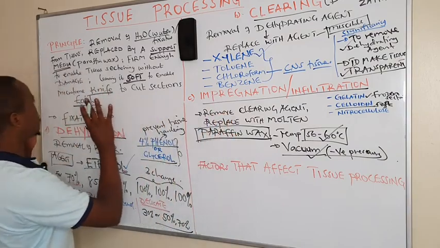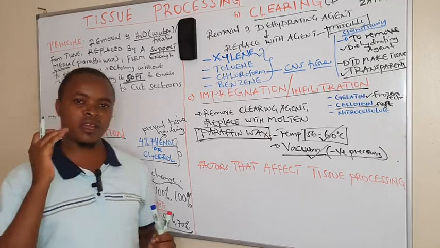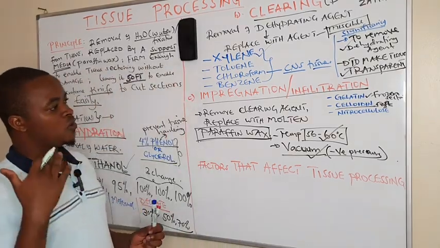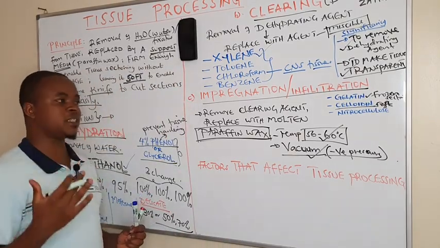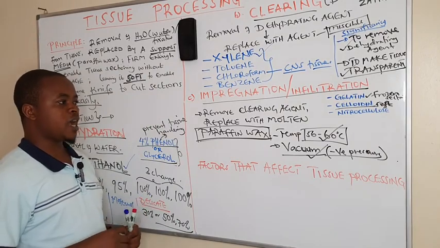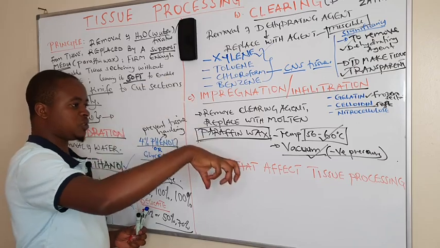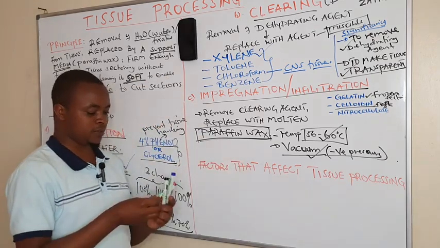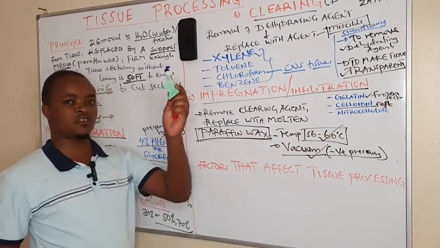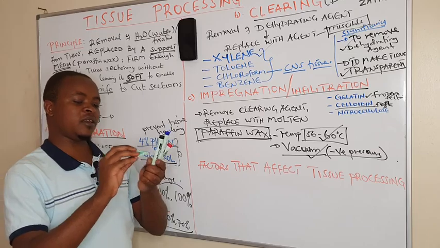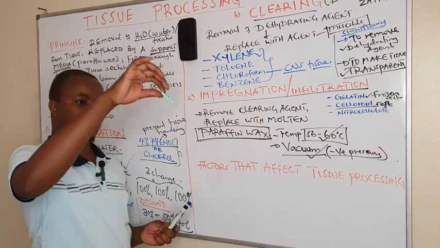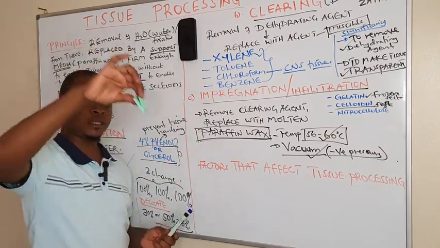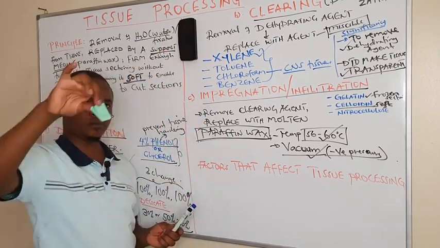And this tissue processing can either be done manually, or we can use an automatic processor. Whenever we are taking these tissues, we told you that they are always in tissue cassettes. When I have these tissues in the tissue cassette in a container with holes, we make sure we maintain constant agitation.